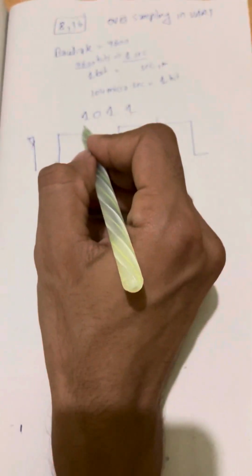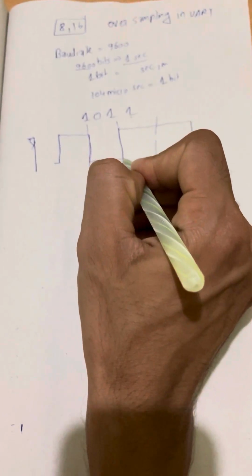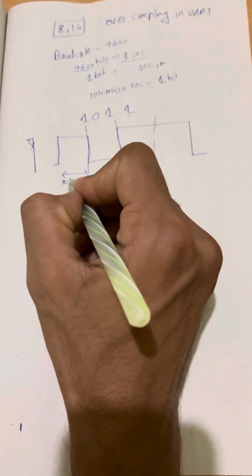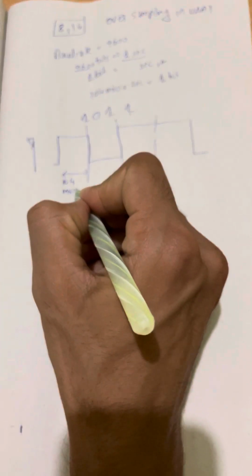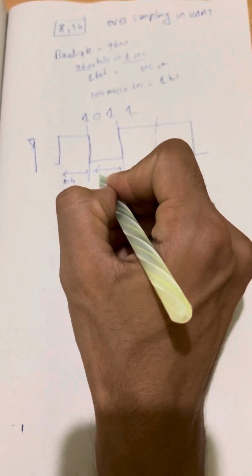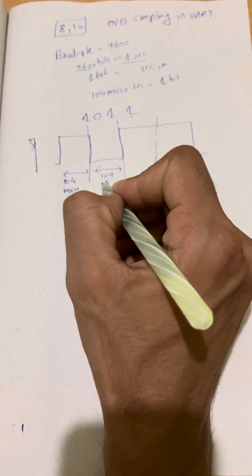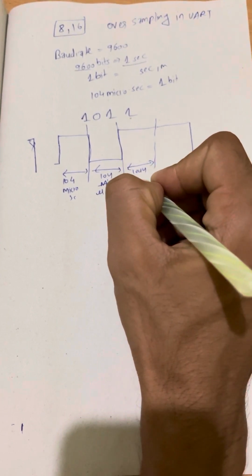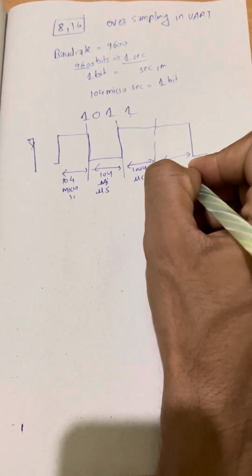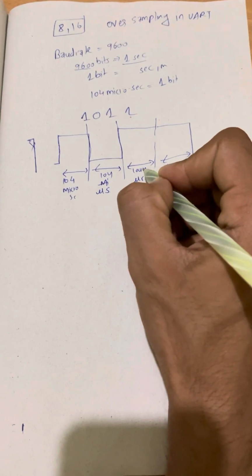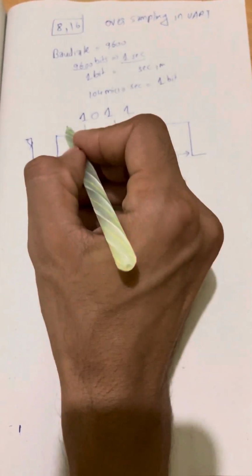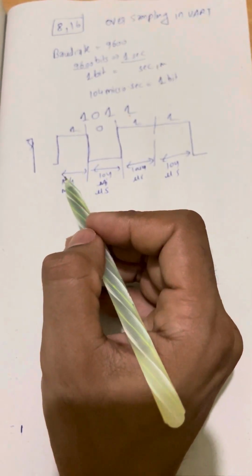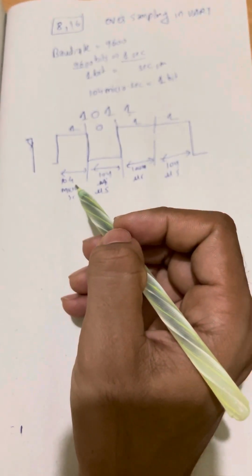Each of these will be 104 microseconds. In this way, each bit, this is 1, this is 0, this is 1, this is 1, will reach the receiver from the transmitter in 104 microseconds.